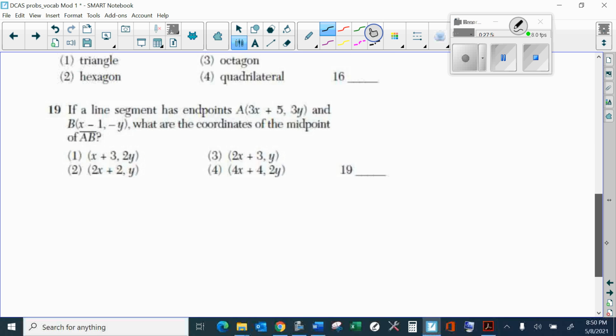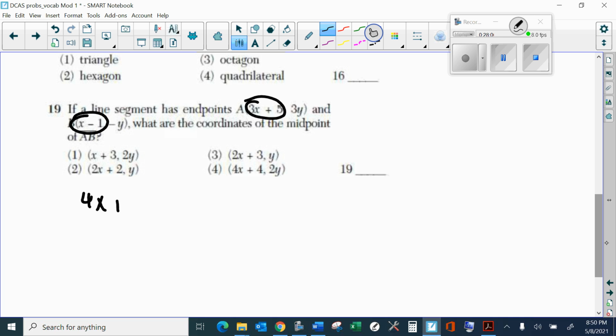Okay, if a line simply has these endpoints, what are the coordinates of the midpoint? Add the x's together, divide by 2. That's 4x plus 4 divided by 2. Now add the y's together, divided by 2. Oops.